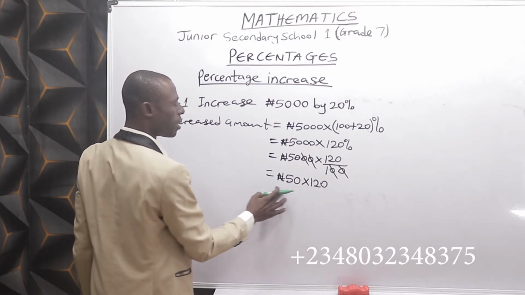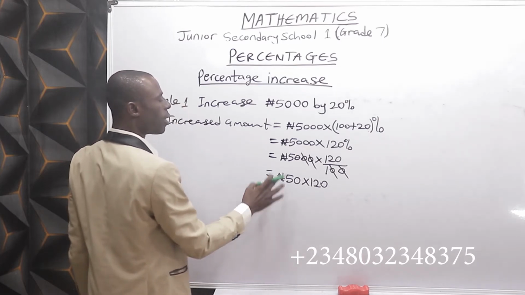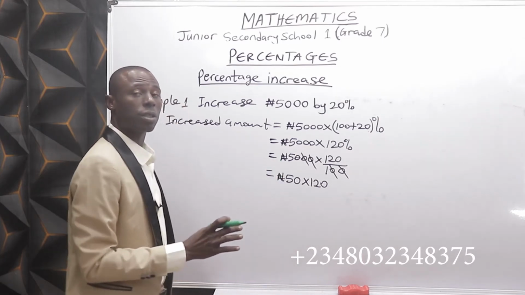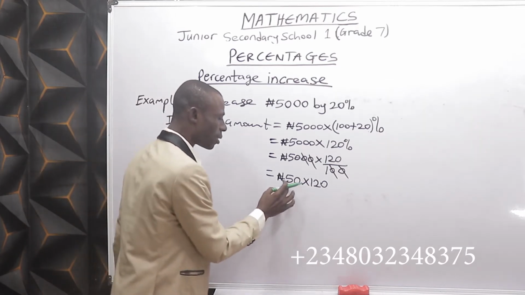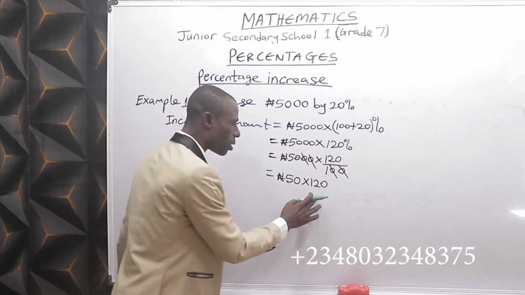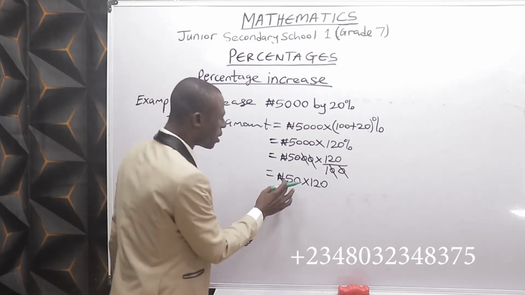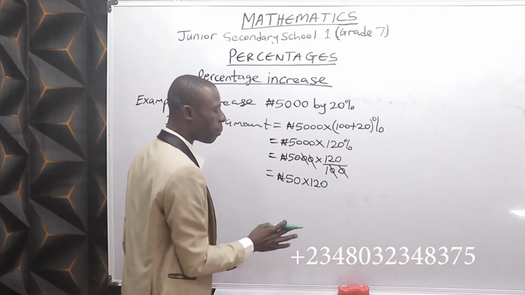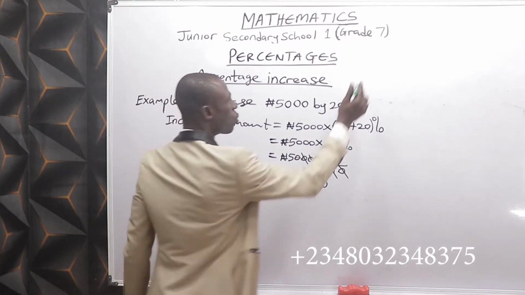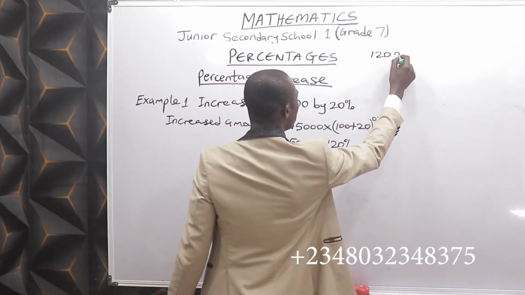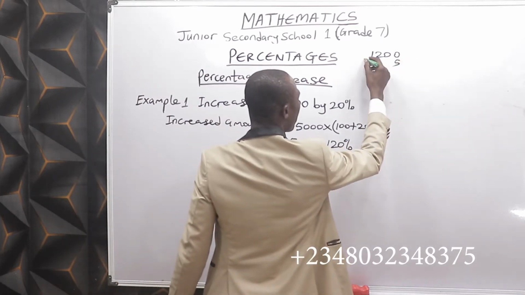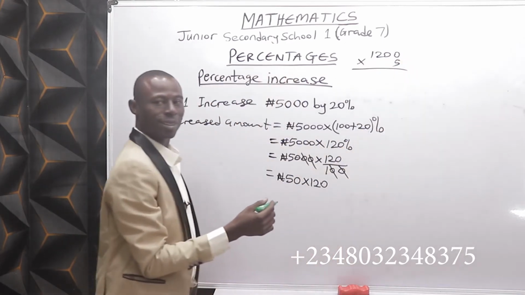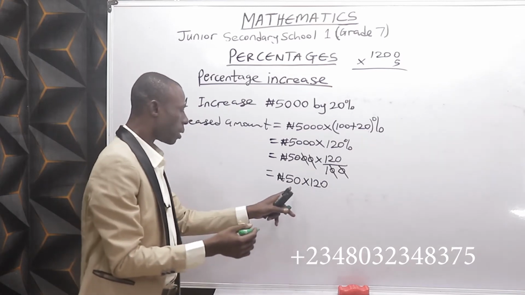And when you are multiplying these numbers together, I teach young minds a particular method. 50 has 0 at the back, 120 has 0 at the back. So put the 0 of this 50 at the back of that of 120. So you will have 120, put another 0 of this there. You now multiply by 5. Are you following? So I want to multiply 120 by 50.